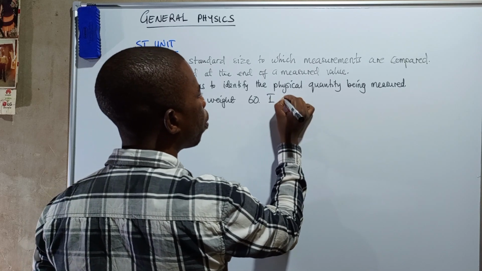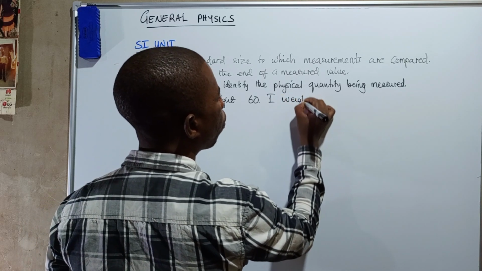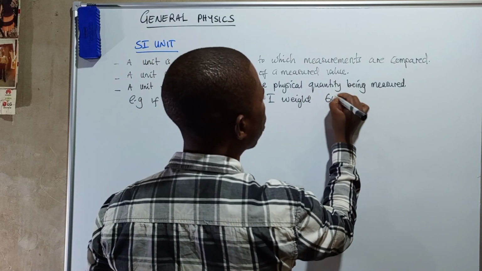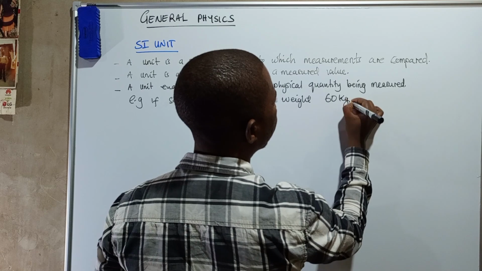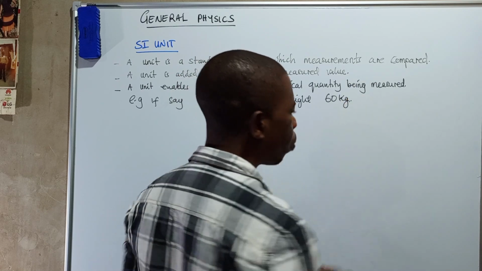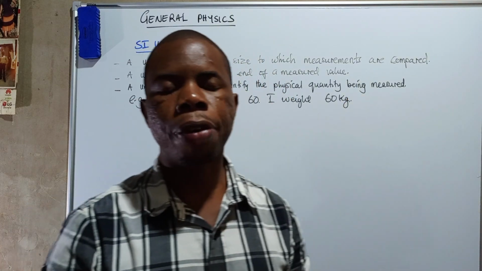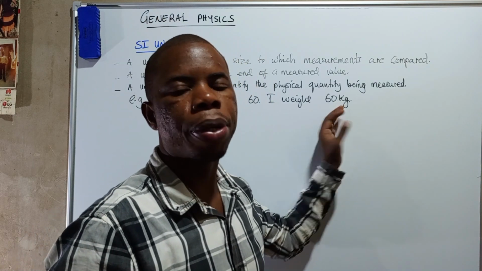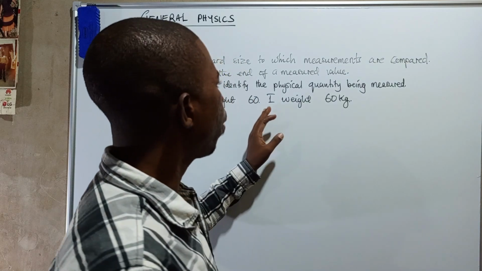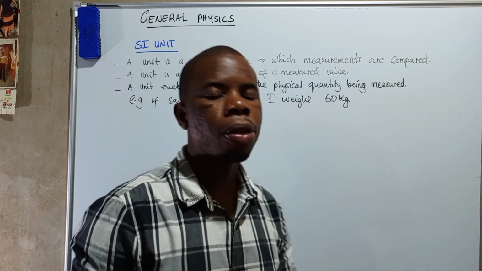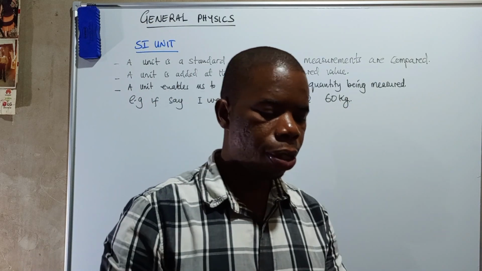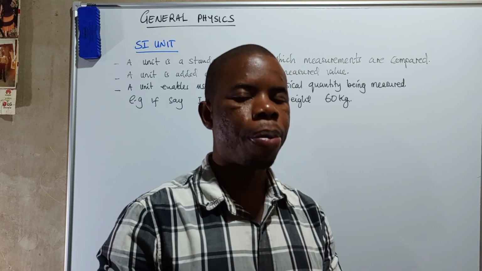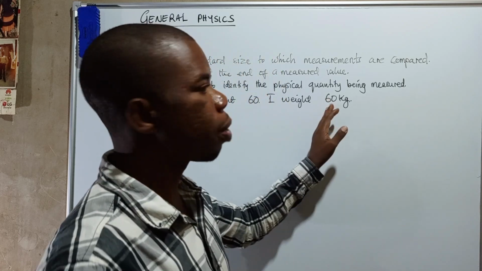But if I say I weigh 60, and then at the end of it I put kg, someone who understands physics is going to understand that I am talking about mass. When I say I weigh 60 kg, someone who understands physics and measurement will understand that my mass is actually 60 kg.